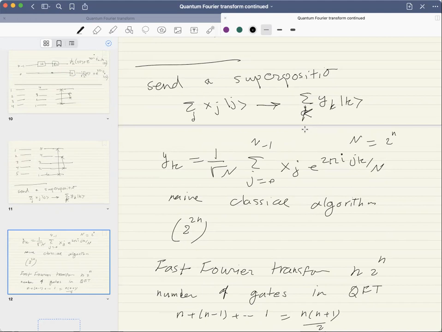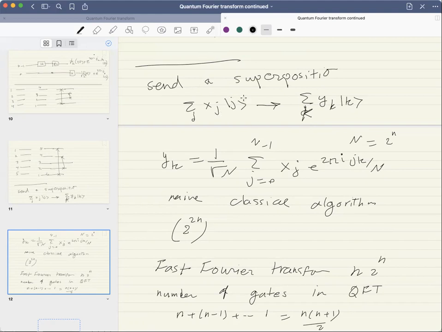Reading off the whole state for a large number of qubits is going to require many measurements, because every time you measure, you get some random number, and you have to repeat the measurement many times. That just tells you something about the probabilities. So if you have an exponentially large number of possibilities, you have to perform the measurement many, many times.